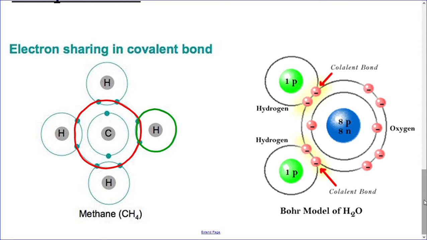Each hydrogen atom is then sharing its extra electron with oxygen, giving oxygen a full 8 around its outside shell, so it's stable. And hydrogen also gets an extra electron from oxygen, and it becomes stable. So hydrogen has 2 electrons in its outside shell, and oxygen would have its full valence shell at 8 electrons.